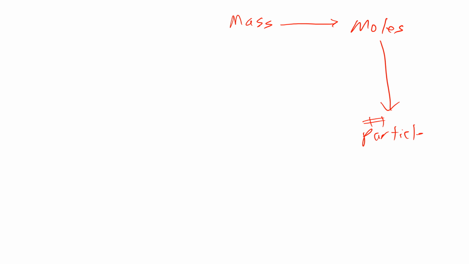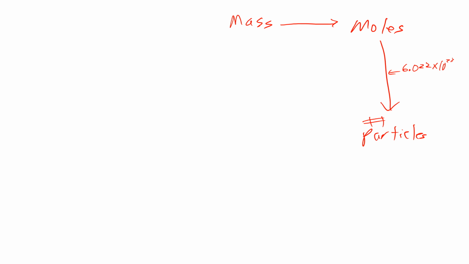Okay, let's do another one quickly, and then this will be the last one. So again, you need the chart. You need to have the chart in front of you. Okay, so we're doing mass to moles to number of particles. The conversion factors, 6.022 times 10 to the 23rd.